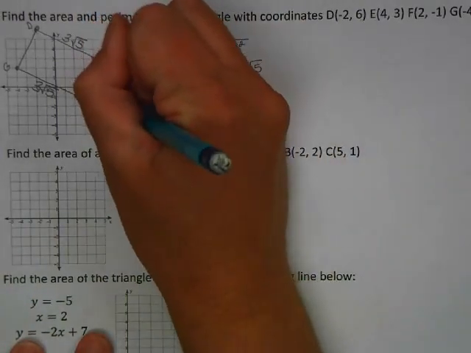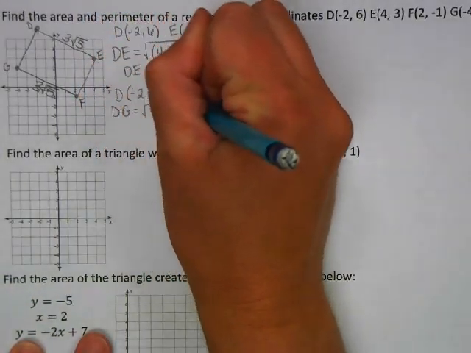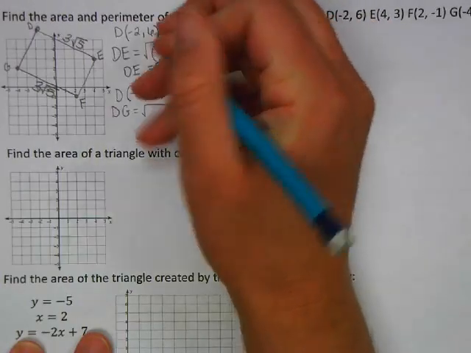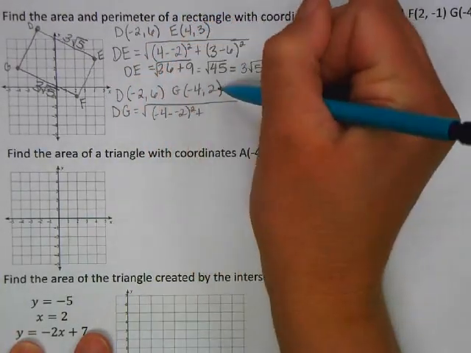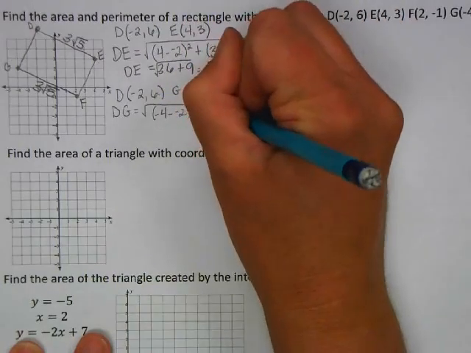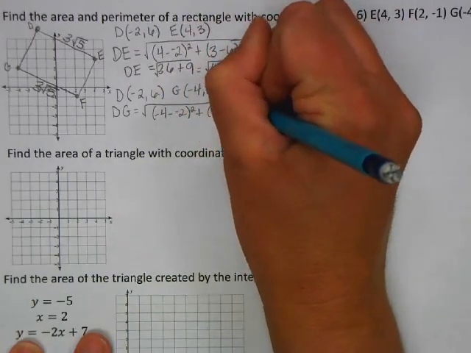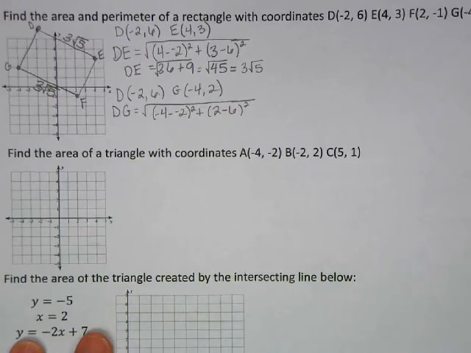So the distance between points D and G is the square root of -4 minus -2 quantity squared plus 2 minus 6 quantity squared, and that's all under the radical.